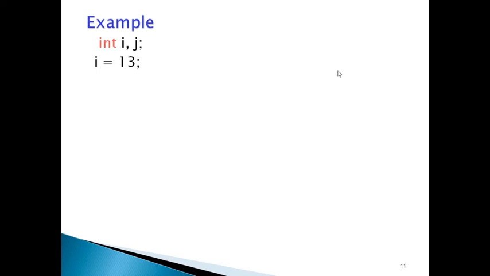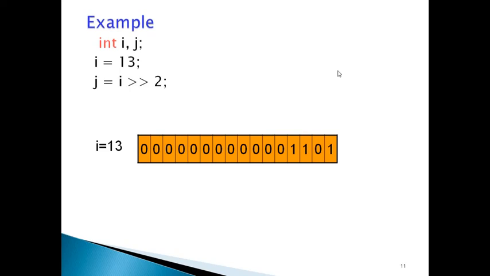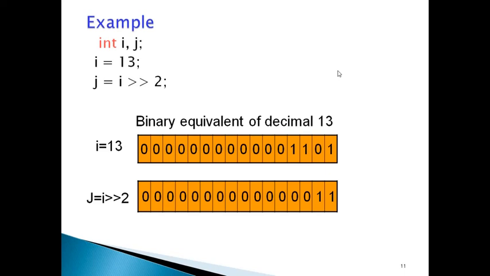For example, the same example: we declare the variables i and j. i equals 13, j equals i right shift 2. This is before the right shift, where the i value is 13. After the right shift, the j value is this one. In the previous case, the bits were moved to the left side and in the right side we added zeros.